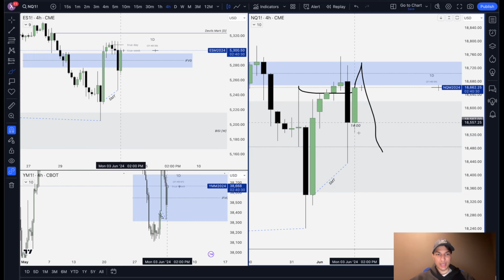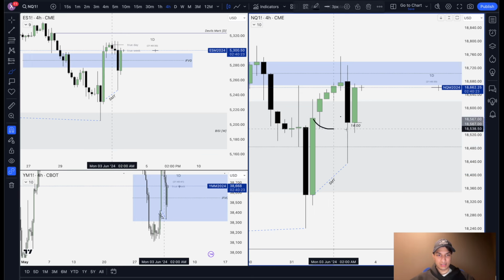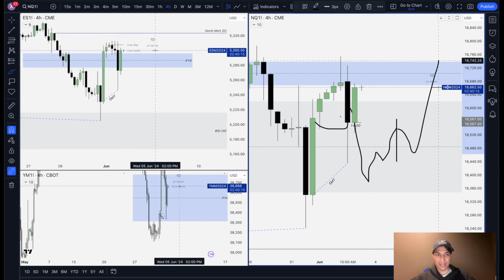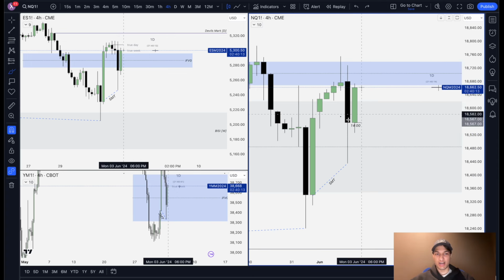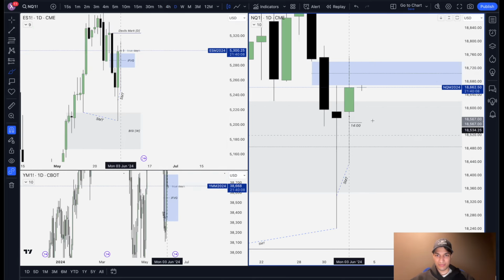So as 2 p.m. opens, you can see that the internal dynamics of this wick have offered us something that looks like this, and we've started to trade higher. So when the next 4-hour candle opens right here, we can expect open, low, high, close, a continuation of the reversal we know is happening on the higher time frame.